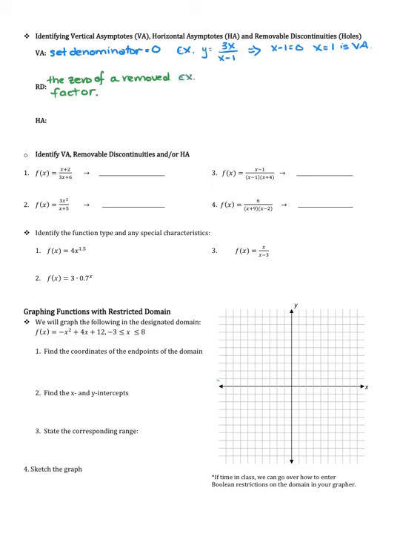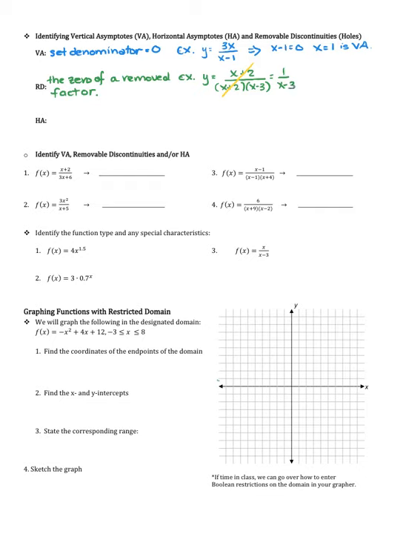So for an example, if I had y equals, and I'm going to give it to you in already factored form, because that would just make it a little bit shorter here, x plus 2 over x plus 2 times x minus 3. When I look at that, I can cancel the x plus 2, and that would simplify this into just 1 over x minus 3.